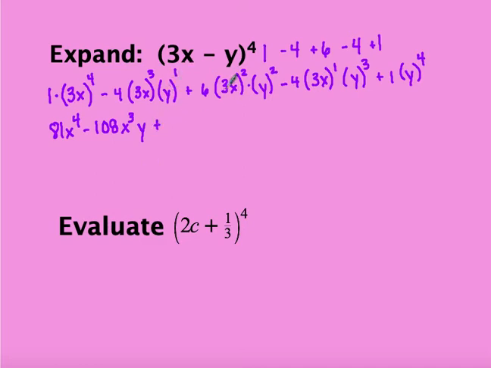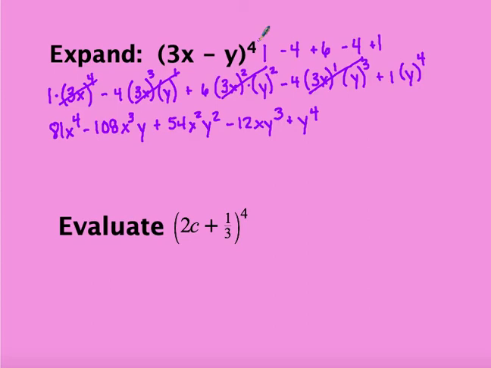Plus, I have to square my 3, so that's going to give me 9 times 6 is 54x squared y squared. My last term, so I have 1, 2, 3 so far. My 4th term is going to be 3 to the 1st times negative 4, which is negative 12xy cubed. And my last term is simply y to the 4th power. So I have 1, 2, 3, 4, 5 terms when I am done.